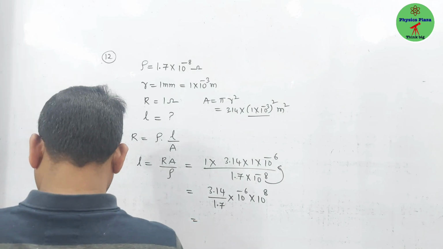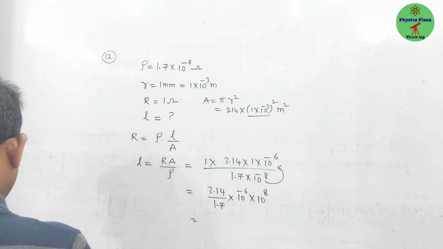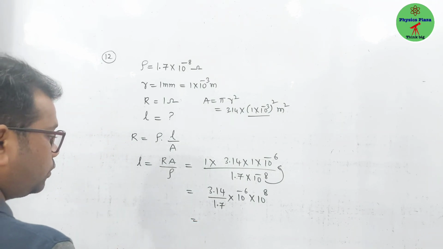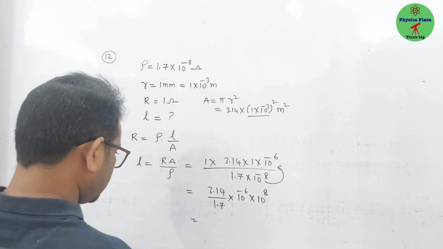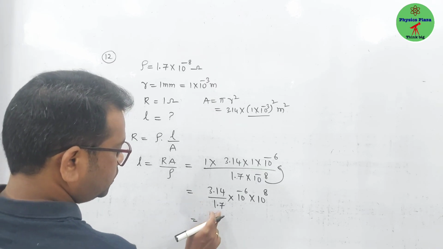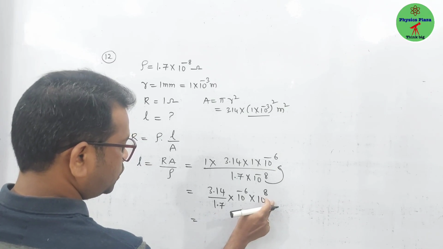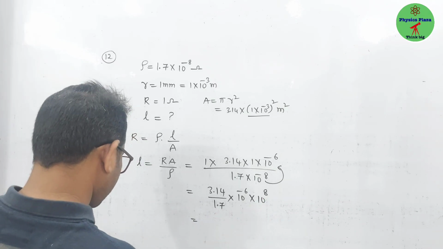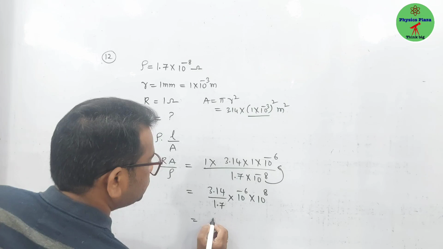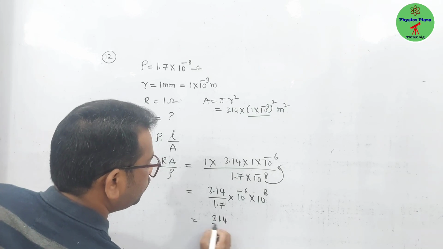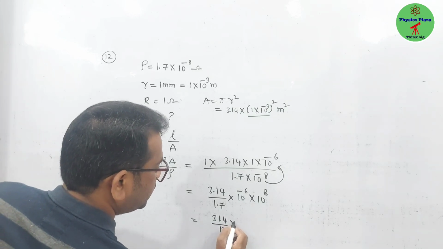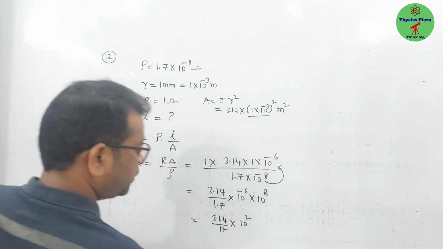So this is 3.14 by 1.7. We can write it as 17 by 10, and this 10 will go to the numerator. Or in a simpler manner, how can we write it here? 31.4 by 17 into 10 power 2.